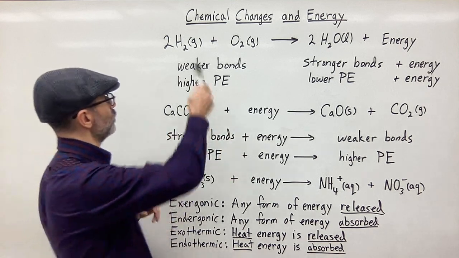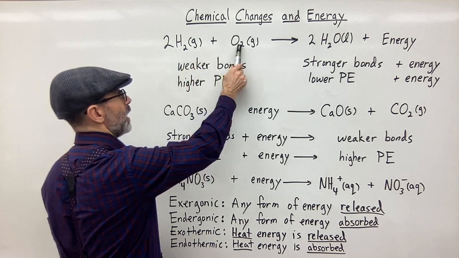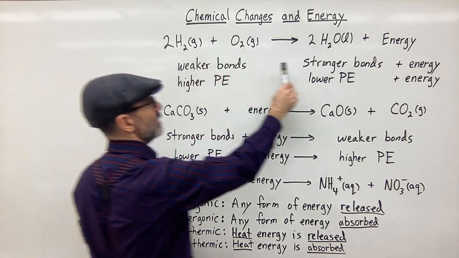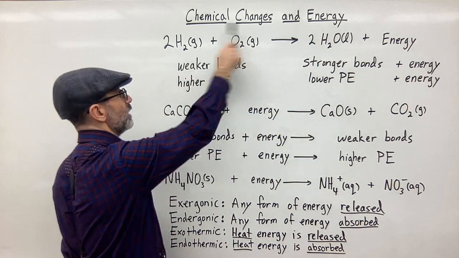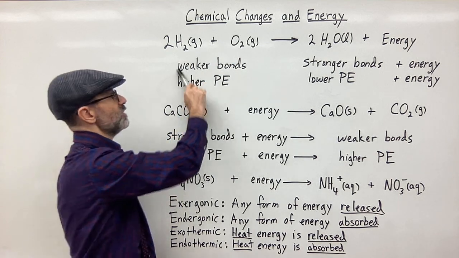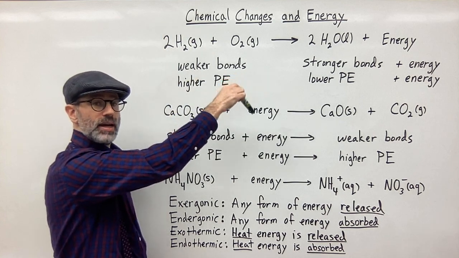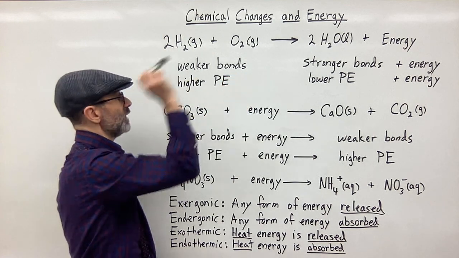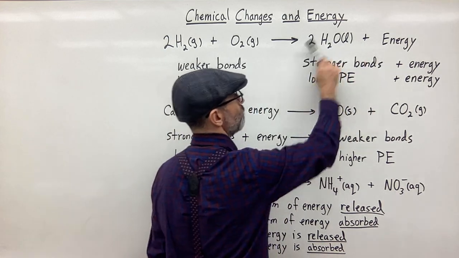So once again, if I look up here, these have weaker bonds, I'm breaking these bonds in order to get them to form this product. So in order to break the bonds here, it doesn't take as much energy because these are weaker bonds. So I have to put in less energy compared to the amount of energy that's released when I form the bond.